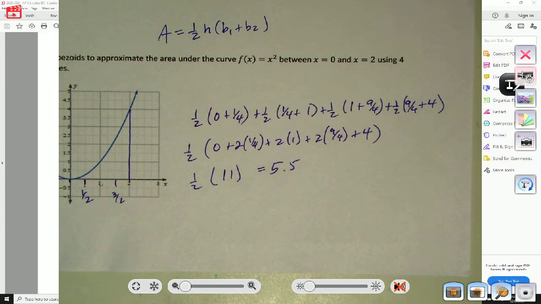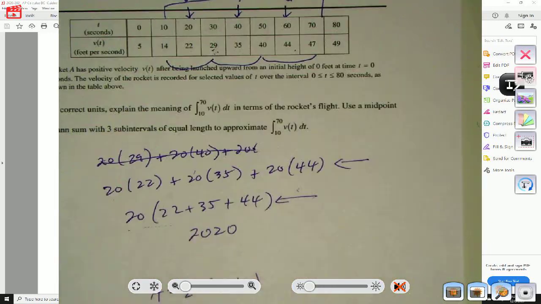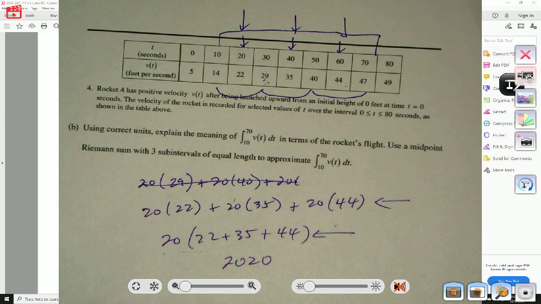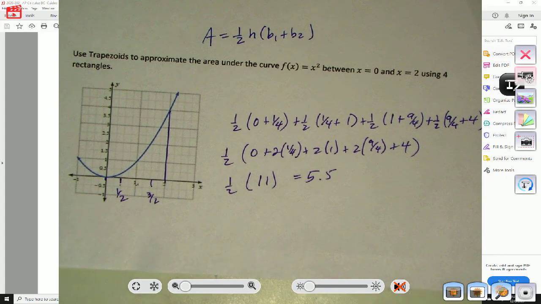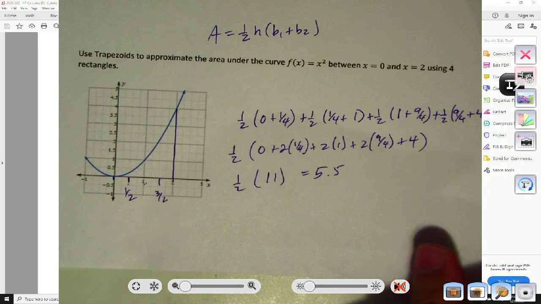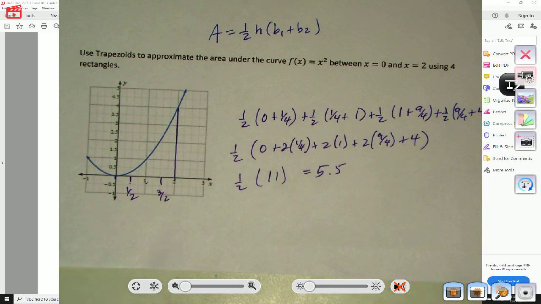It is not the midpoint. Midpoint is not the average of left endpoint and right endpoint. So don't fall into the trap, because it seems like because you're taking the middle that the midpoint will be the average, but it is not. Okay, it is trapezoid that turns out to be the average of the left endpoint and right endpoint. Okay, that relationship is not particularly important, just to point it out.